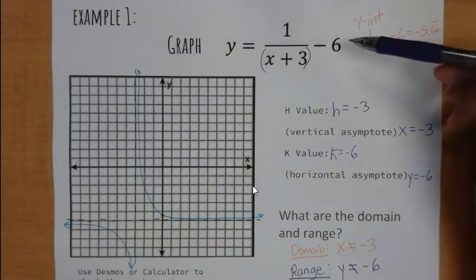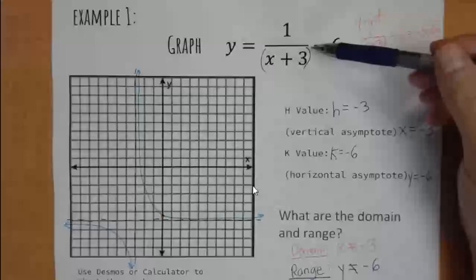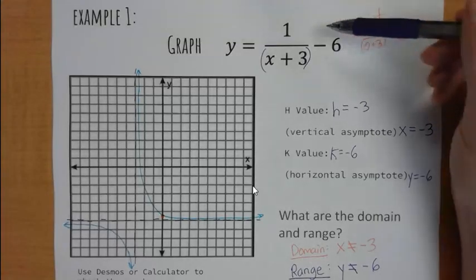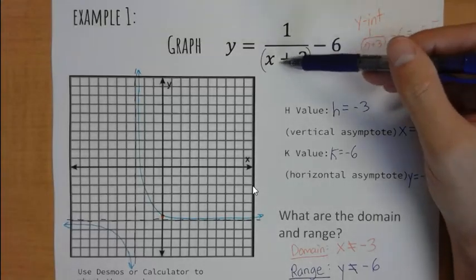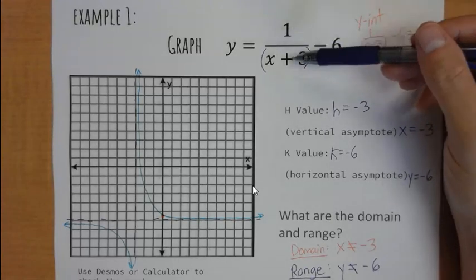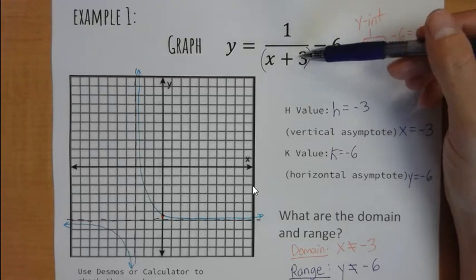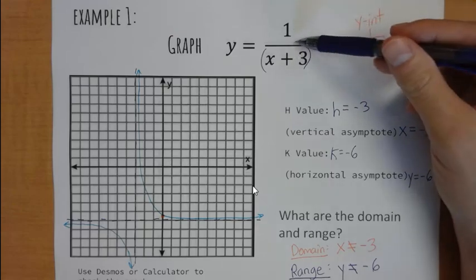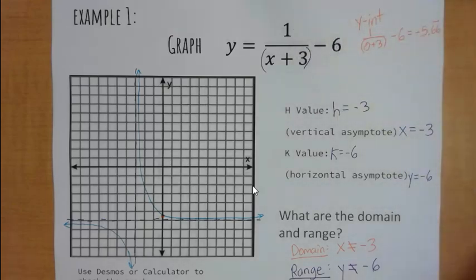Also, because our fraction is going to be subtracting 6, we already know there's no way for this first fraction to equal 0 because the numerator is always just a 1. 1 over anything is not going to be equal to 0. So there's no way we'd have 0 minus 6 equaling 0. So y can't ever be negative 6. It's always going to be something minus 6 instead, and that something is not going to be 0.